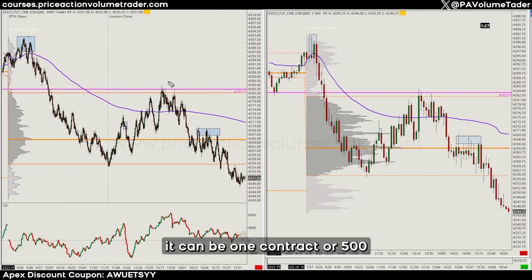It can be one contract or 500. Every time there's an execution, that counts as one tick. Every 3000 executions, it makes a new candle.